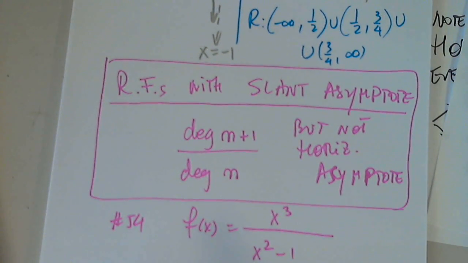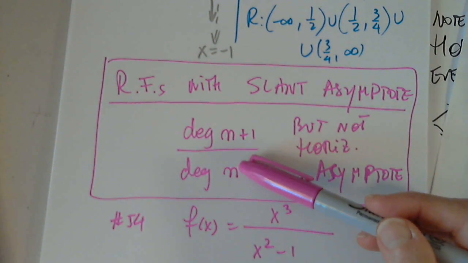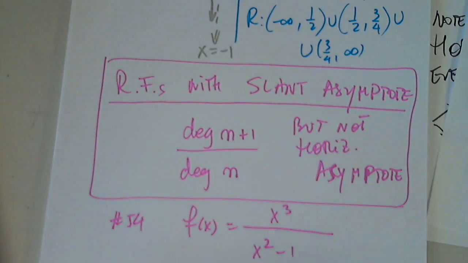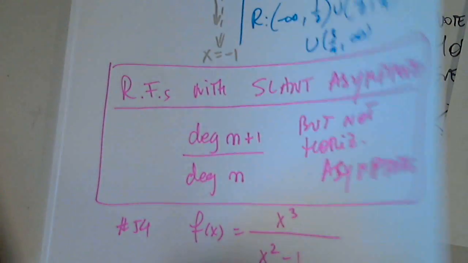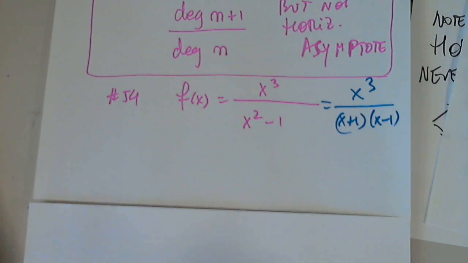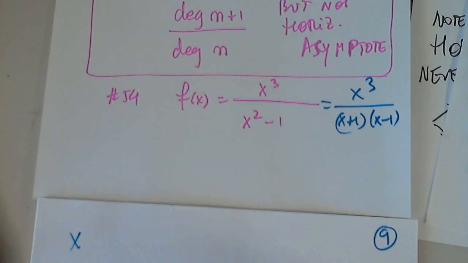Okay, so here is a function like that, degree 3 and degree 2. So the numerator has degree 1 unit higher than the degree of the denominator. Okay, I'm going to start my table. I will immediately factor the denominator for domain and for other things. And then we'll look at the function and then the derivatives and graph it.